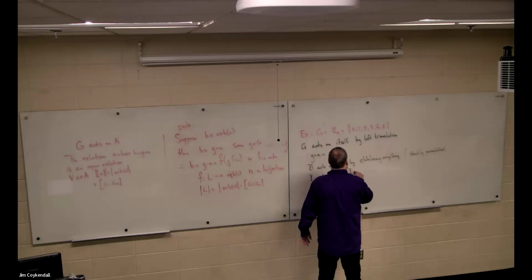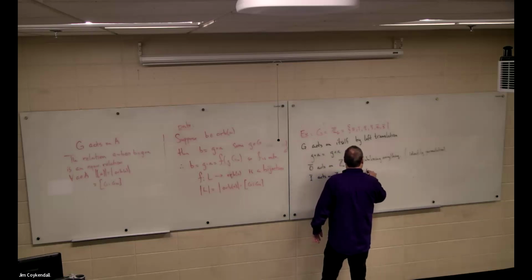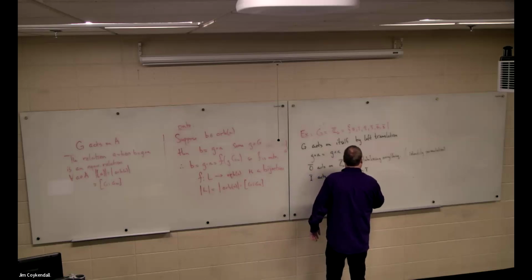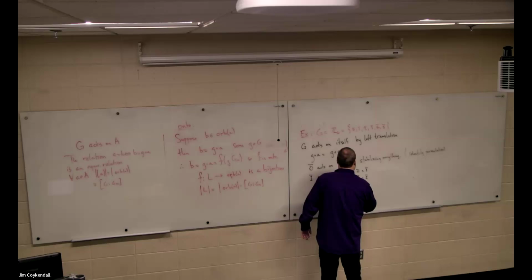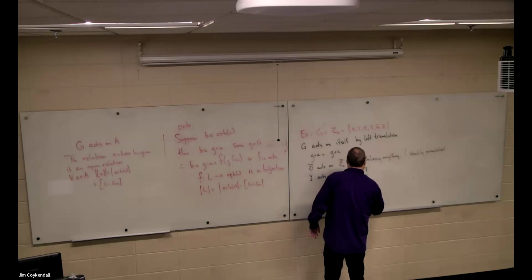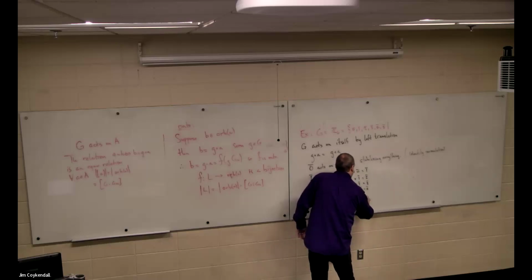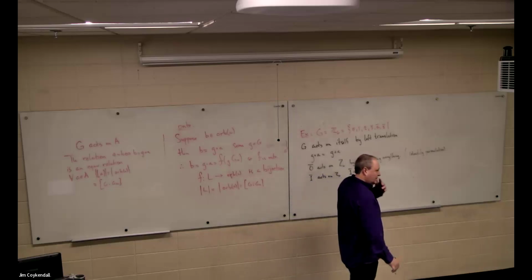So 1 plus 0 bar equals 1 bar. 1 plus 1 bar is 2 bar. 1 plus 2 bar is 3 bar. Plus 3 bar, 4 bar. Plus 4 bar, 5 bar. And 1 plus 5 bar is 0 bar, right?